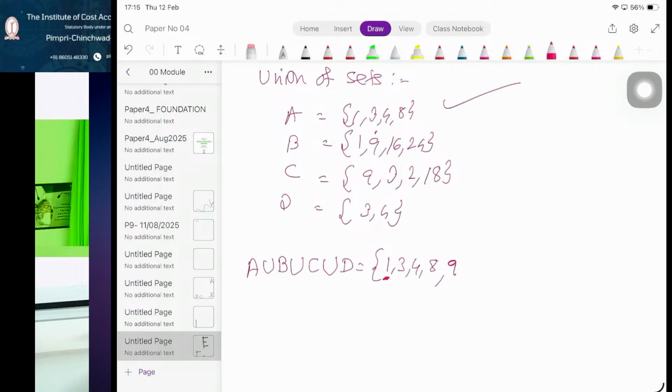1 minute, I have to change the cells. Just wait for 1 minute.